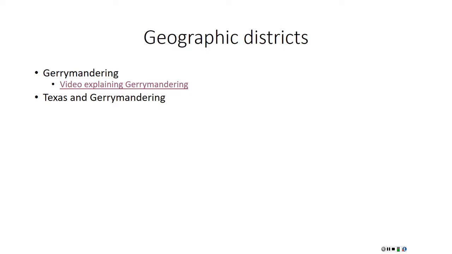Democrats control the Texas Legislature in 2000. So these new census numbers come out. We have to redraw the map in 2001. So the Democrats, while in control of the legislature, gerrymander this.